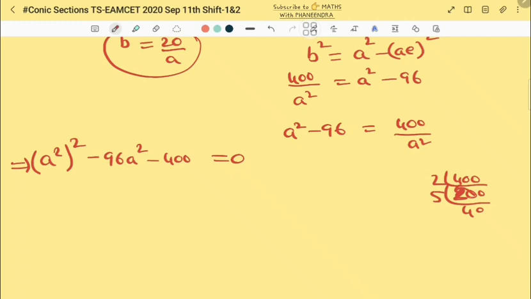So 2 200s is okay, 5 40s, otherwise 5 80s also we can do, but I want 96. Factorization: if we do that, 96 I want and 40. Factors of 400: 25 into 16. 25 into 96 it would come. So again 2 into 4, 16, 25. Even 25, 16 also 96 it would come.